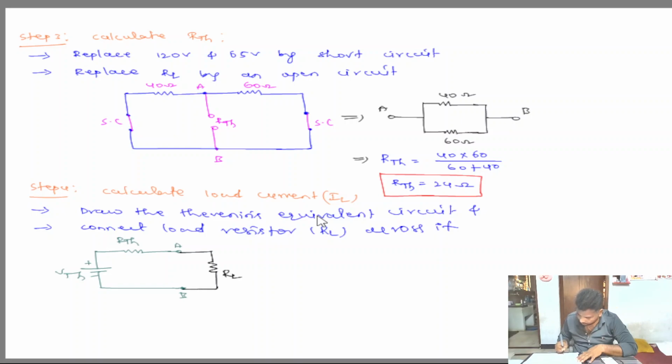This is RL, and here we are finding current IL. Okay, write the value of VTH, RTH: VTH 98 volts, RTH 24 ohms and RL 20 ohms. Okay, then load current.